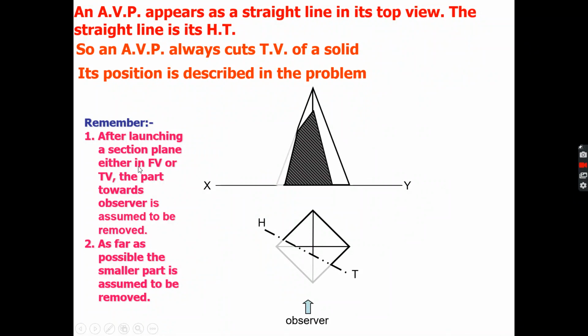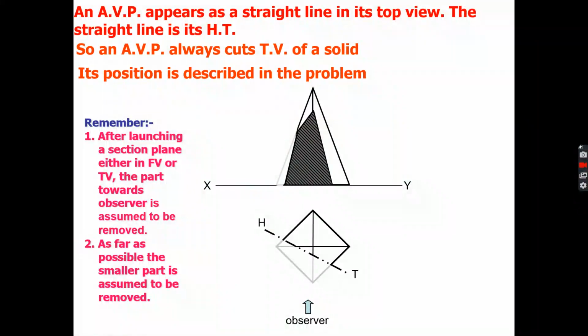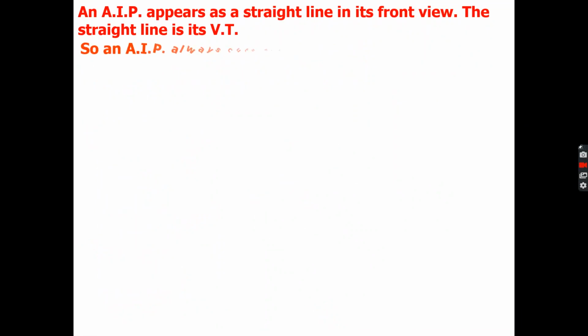So finally your solid will look like this. This is your front view and top view. How you will make it, I will show you by use of an example problem. Okay, similarly AIP appears as a straight line in its front view, and the vertical line is its vertical trace. Similarly, vertical trace is what?